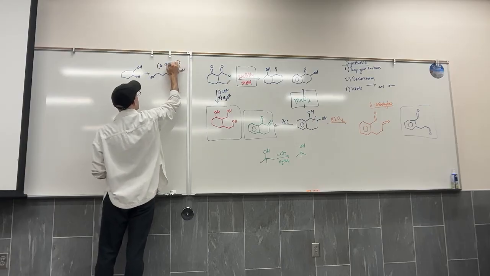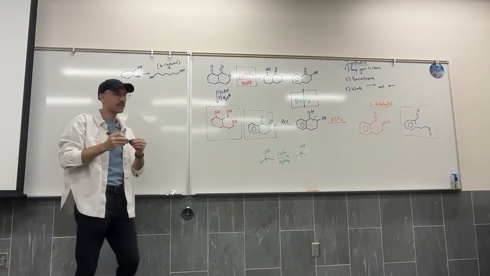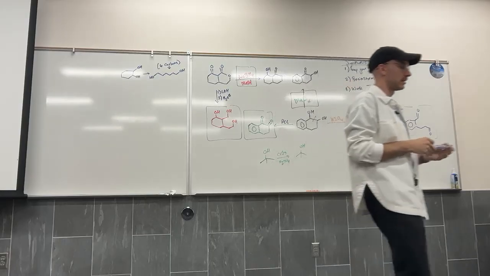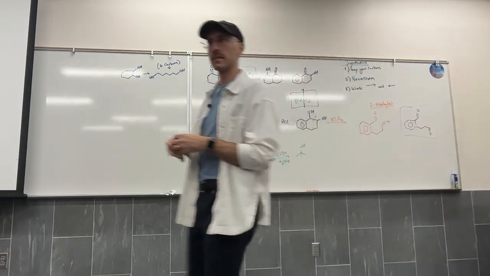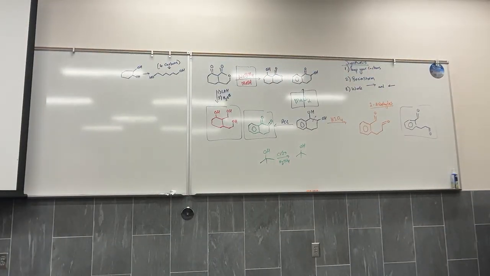Because I was like, what am I missing? I don't even get it. There should be 6 carbons. That was not intended. That's a mistake. This was the homework, but I just don't get this one.